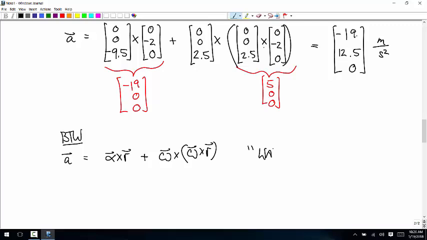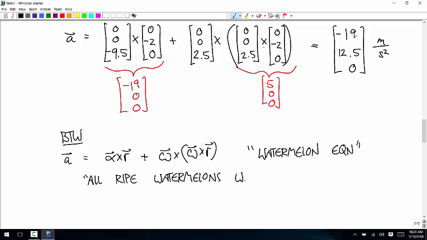I always call it the watermelon equation because you can remember it as all ripe watermelons will rot. No, it'll all be given. Every important equation will be given on the test.